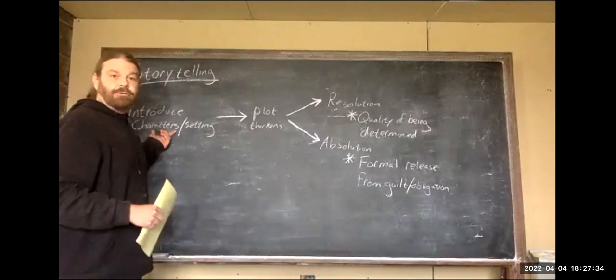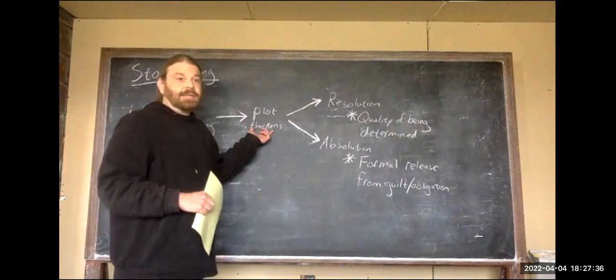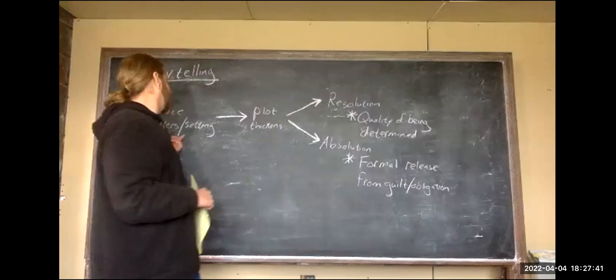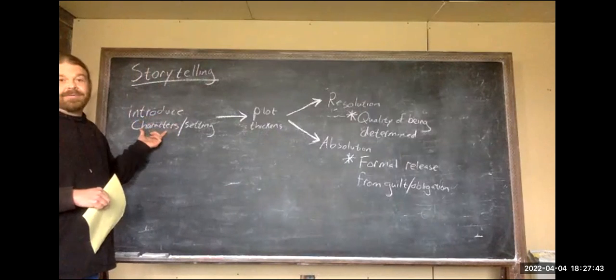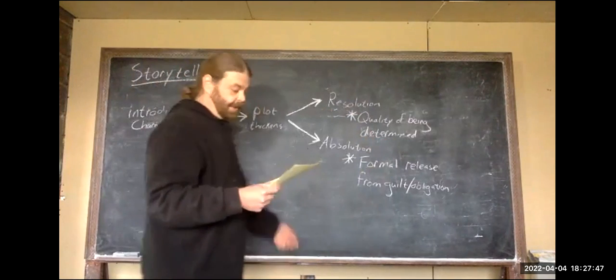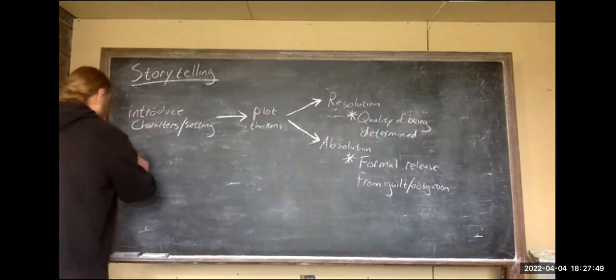So we introduce things, create some sort of sticky situation to make something interesting for these things we just introduced, and then we wrap it up. So our 3-act version.